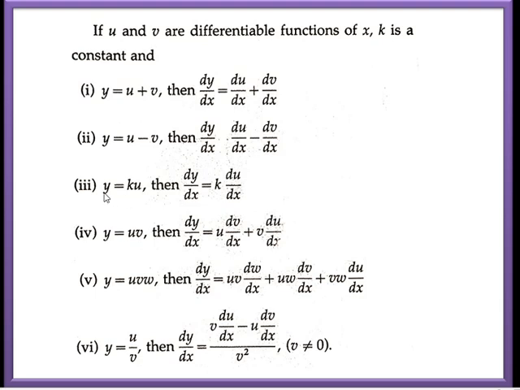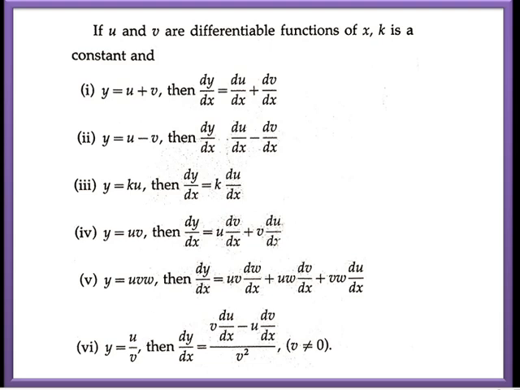So how to remember result number 3? Derivative of constant into function is that constant into derivative of function. Now result number 5 is again corollary of result number 4. Instead of 2, if there are 3 functions, you have to use the same logic. Now the last result is again very important.